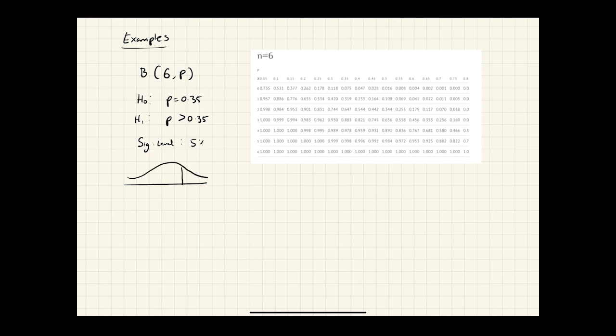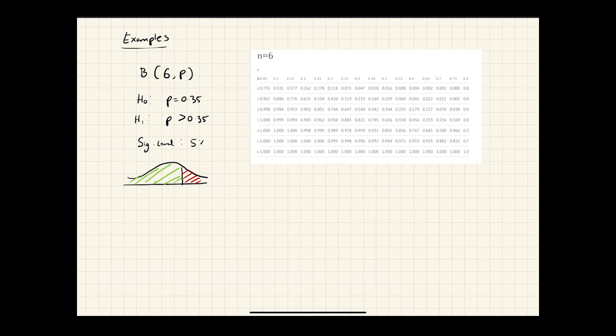We know there's some value where this is a region where we're going to reject, and this is a region on this side where we accept. So let me just use some colors for that one. This side here is the reject region, and this side here is the accept region. So that's the first thing that we do. We look at the question, see a more than sign, and we immediately draw this to figure out what we need to do. And we also know the significance level that we have is 5%.